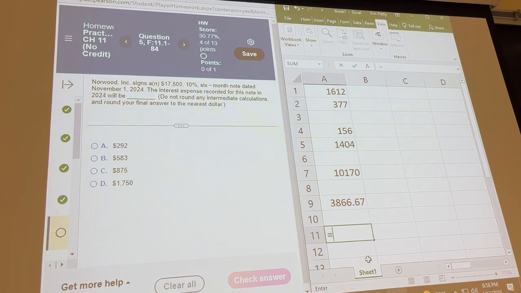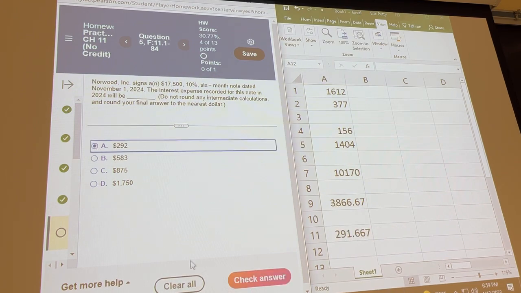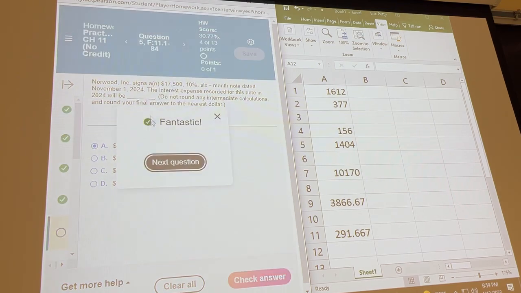Take the principal of $17,500 times 10%. Two months have gone by, November and December, so times 2/12. $292. It says round to the nearest dollar. Okay.